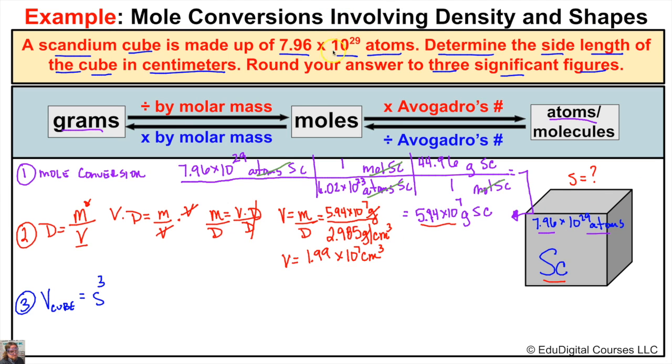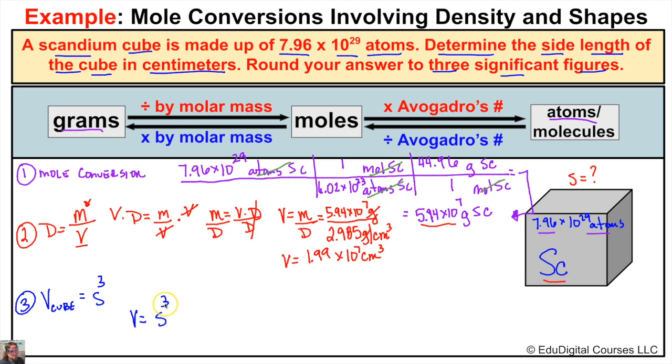So now this is our volume, but we're asked to figure out what the length of one of the sides is. So what we now have to do is plug that into this formula right here. We know that the volume of a cube is equal to the side cubed. So how do we figure out what one of the side lengths is? Well, we have to get S all by itself on one side of this equal sign.